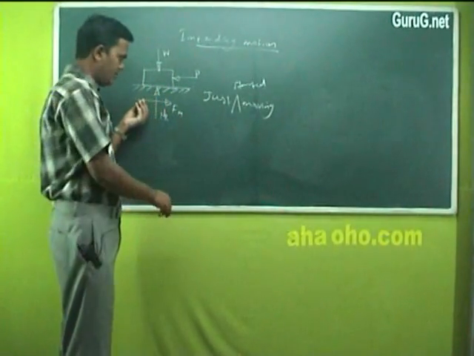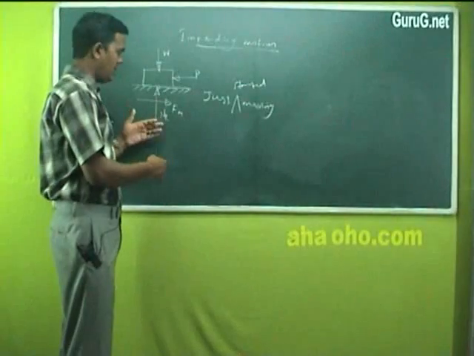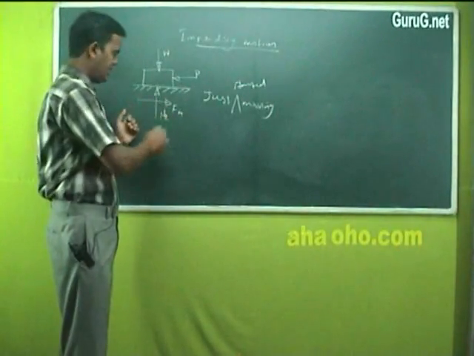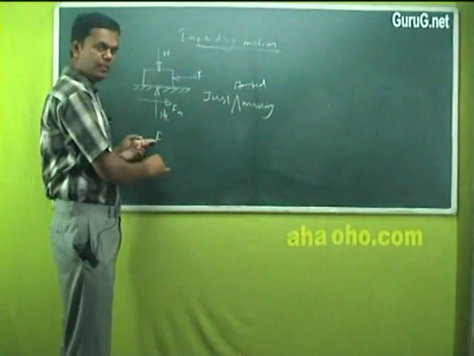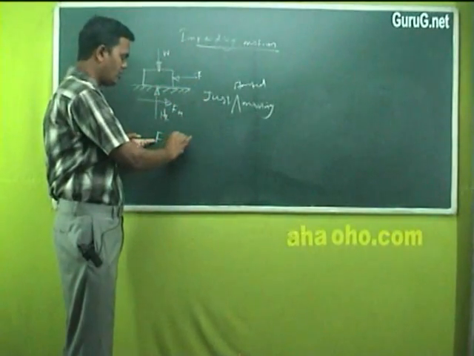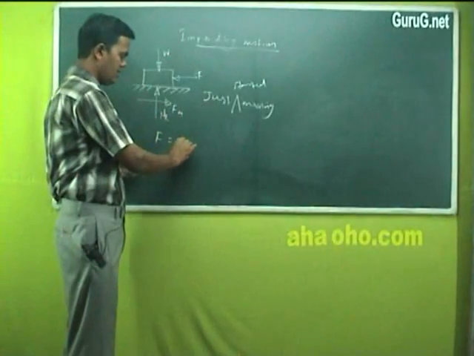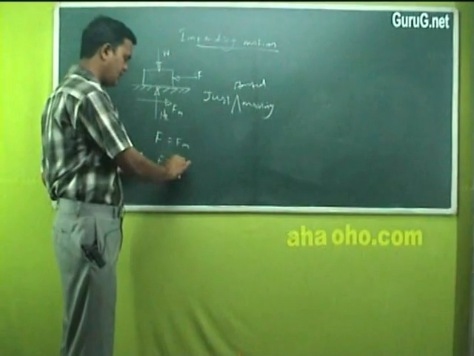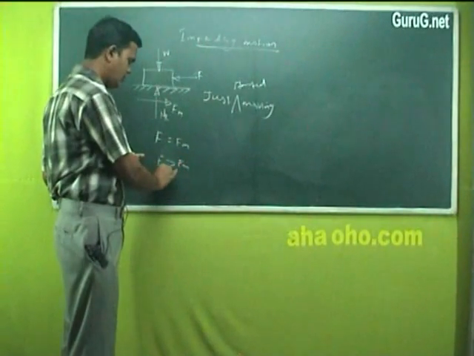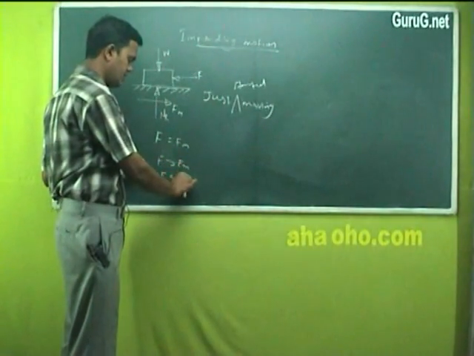The meaning is, suppose your applied force is F. This applied force F has to be either equal to your limiting friction, or greater than your limiting friction, or less than your limiting friction. Is it not?